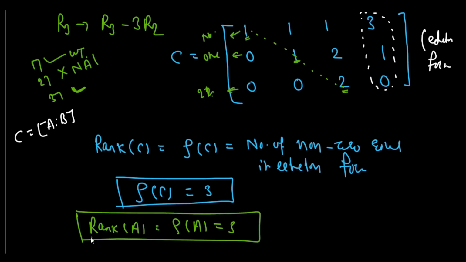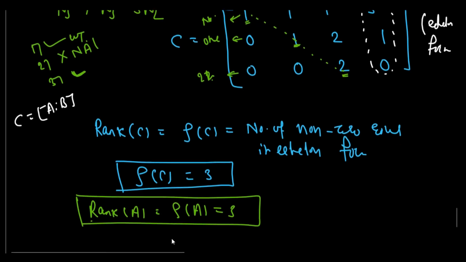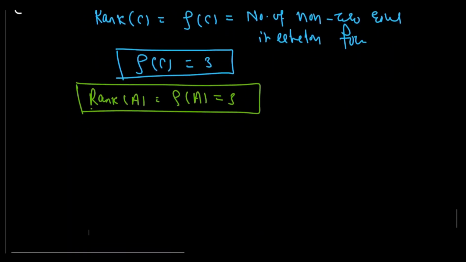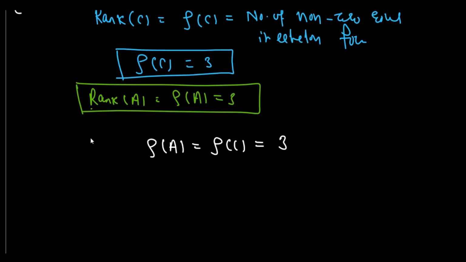If you compare both the ranks, we get that the rank of both matrices is the same. So rank of A is equal to rank of C, which is equal to 3. And if you observe the problem, it has 3 variables x, y, z, so the number of variables is also 3, which is equal to the rank.